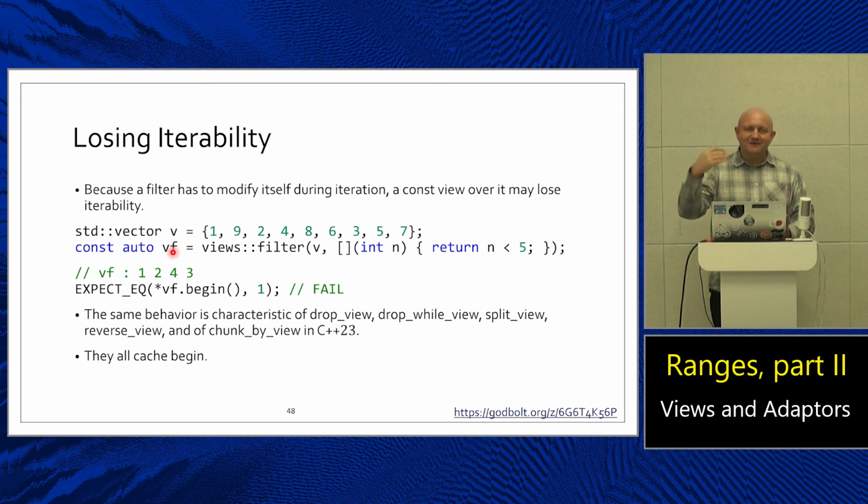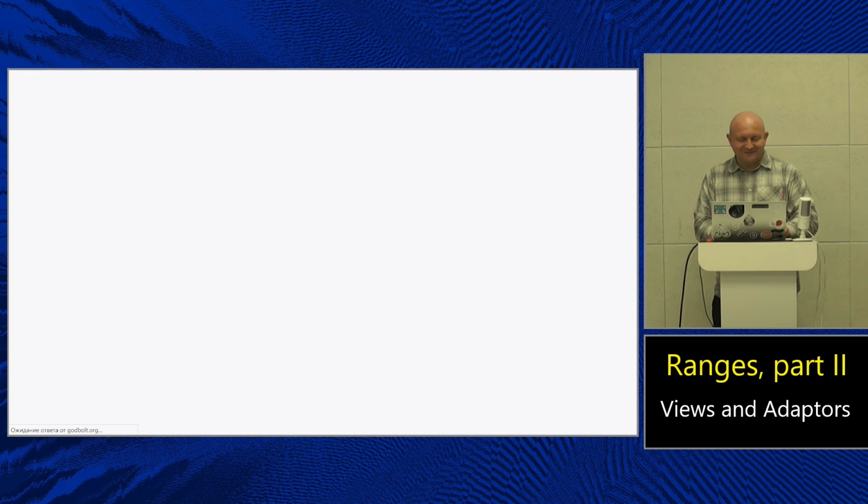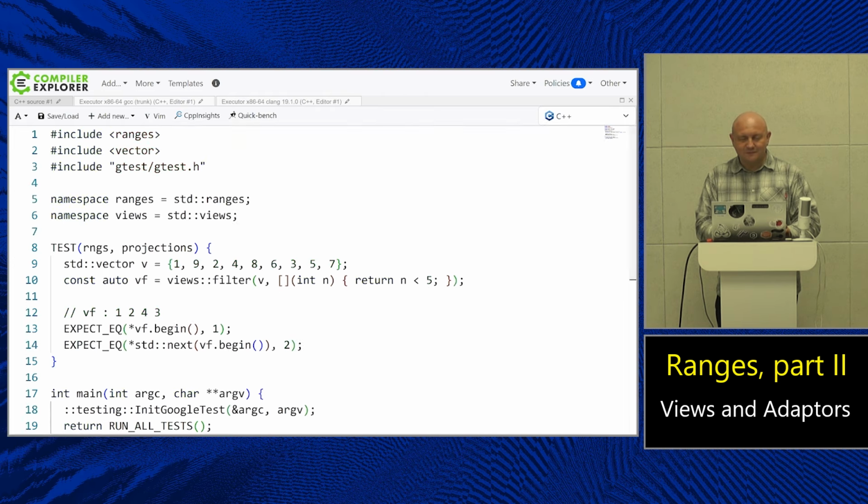You just cannot cache anything in a const view, because caching anything in a const view means altering the const view, which is prohibited. We create a vector and create a filter view, bind it to a const variable, now we call begin, and suddenly it fails. Let me show you. I believe this is the example.